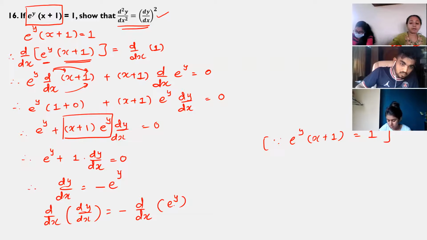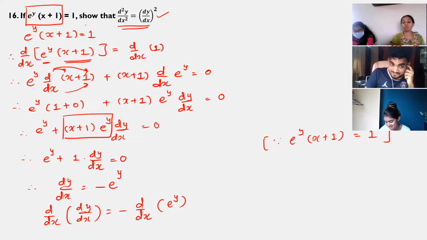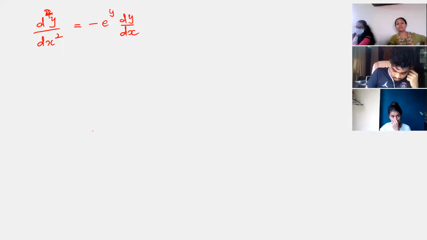So that means d2y by dx2 is equal to minus d by dx of e to the power y. It is e to the power y, but we have to differentiate the power again because the power is not x, it is y. So again differentiation.